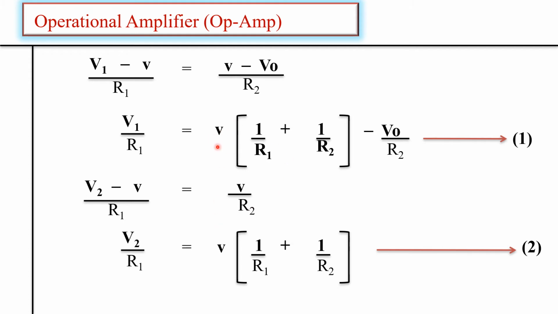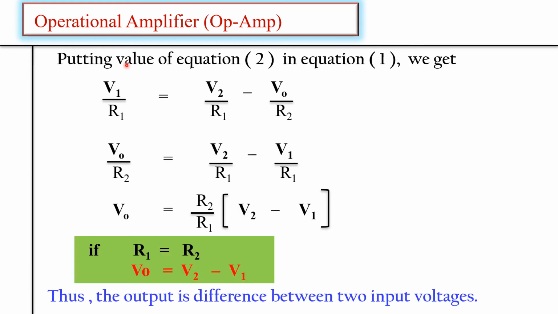So what is the value of V into (1 upon R1 plus 1 upon R2)? That is nothing but V2 upon R2. Clear? So putting the value of equation 2 into equation 1, we get V1 upon R1 equals, instead of V into (1 upon R1 plus 1 upon R2), we have substituted V2 upon R2 minus V0 upon R2.